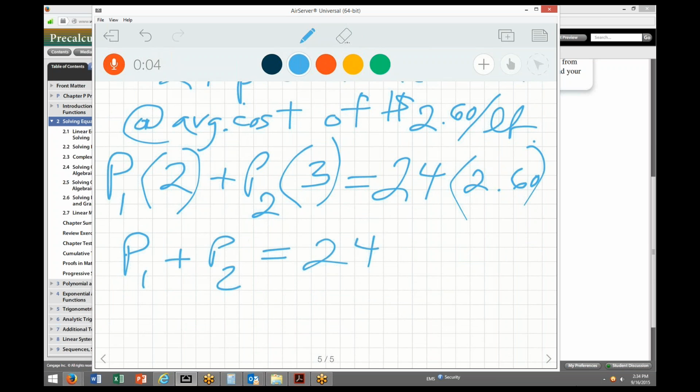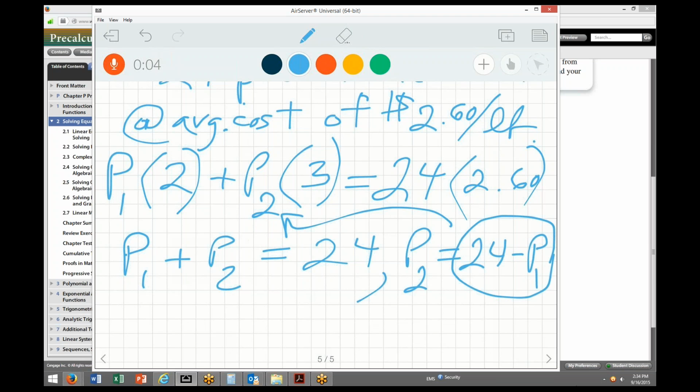So therefore P2 by itself is equal to 24 minus P1. So we can now plug in 24 minus P1, just plug that in for P2 right there.